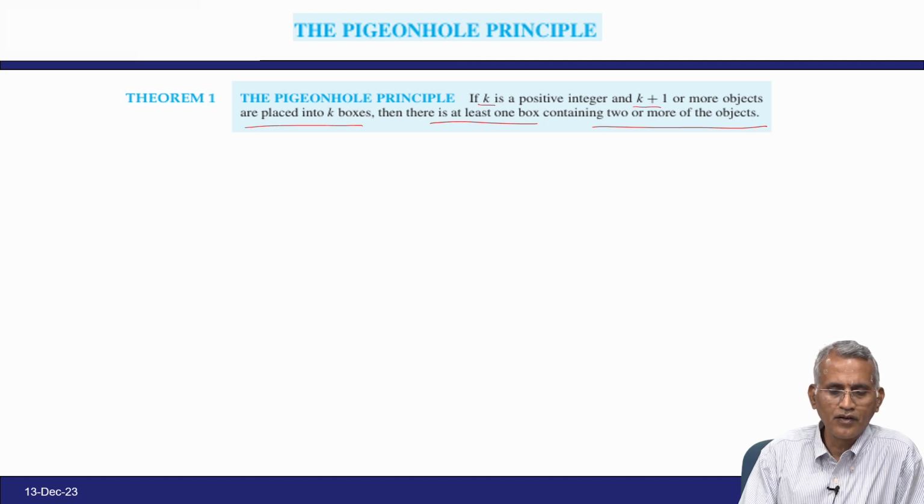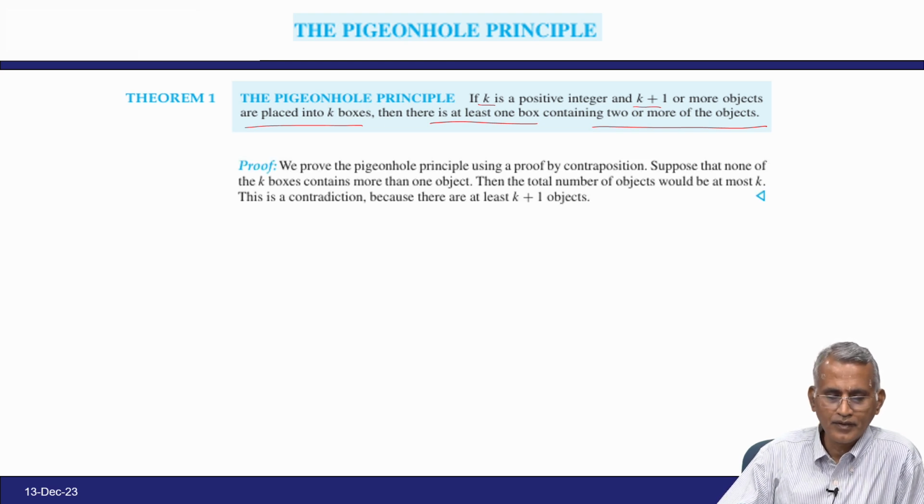So, this is the meaning of the statement of the pigeonhole. We have to choose the k positive integer and k plus 1 or more objects are placed in k boxes, that is most important, and then at least one box contains 2 or more of the objects. That is what we explained in the previous introduction of the pigeon.